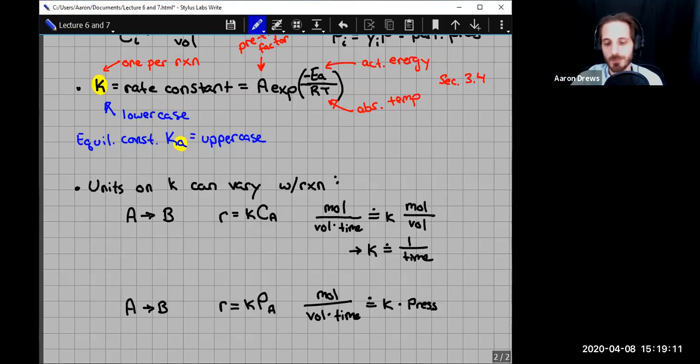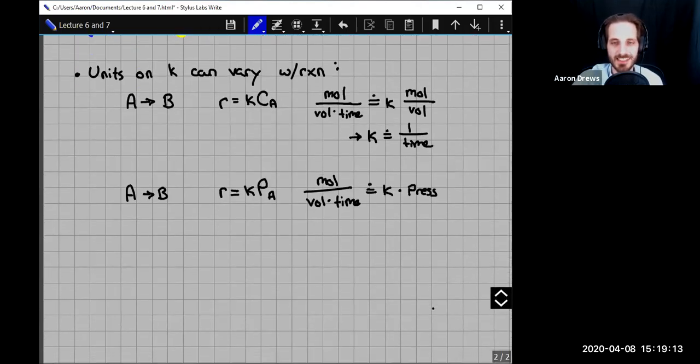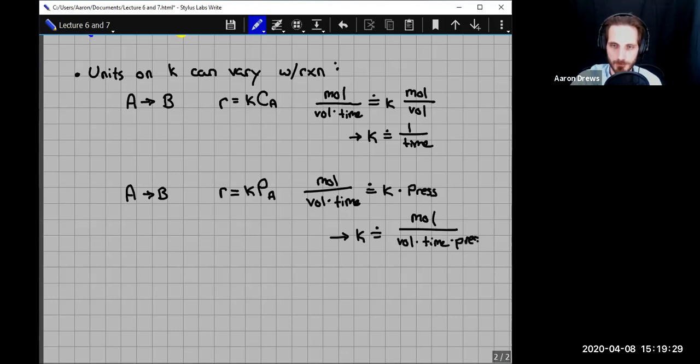So things like atmospheres or PSI or kPa, something like that. And so for this particular reaction, K is going to have a weird set of units of mole per volume per time per unit pressure.